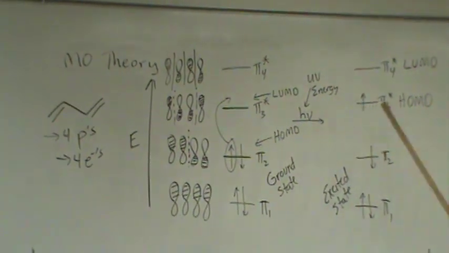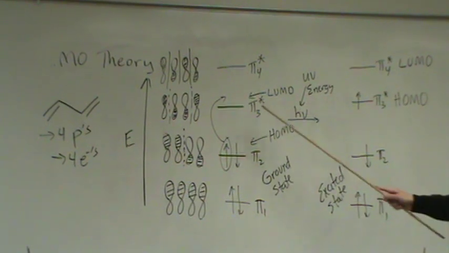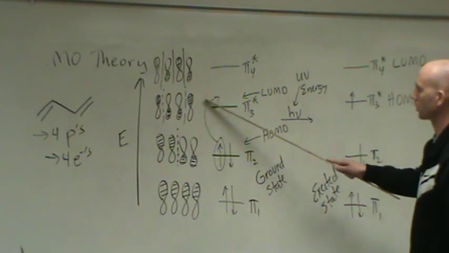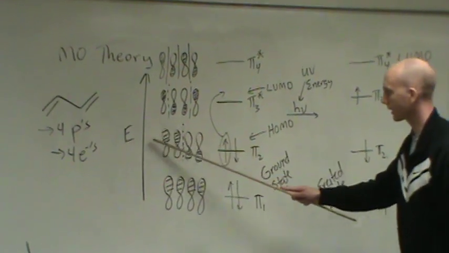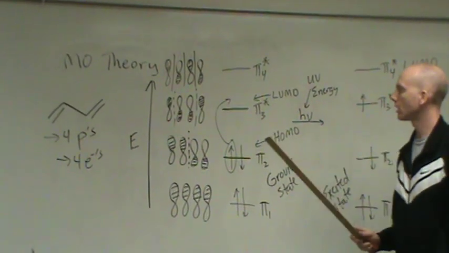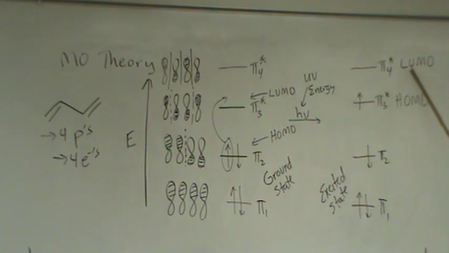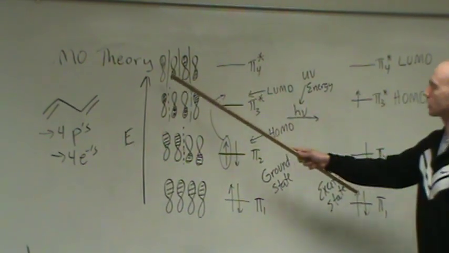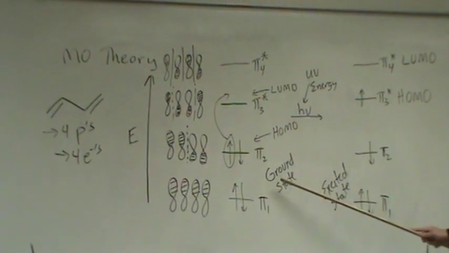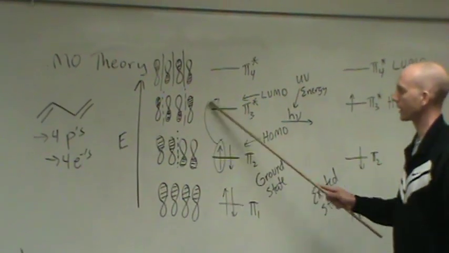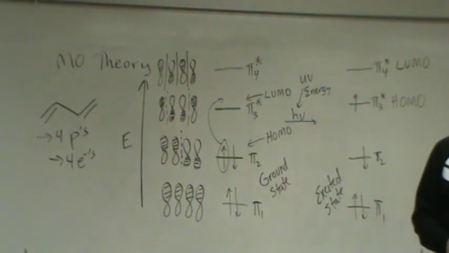And so, for example, our HOMO level here would look like these p orbitals. Our HOMO level in the ground state looks like these p orbitals. Our LUMO level in the excited state looks like these 4 p orbitals. Our LUMO level in the ground state looks like these 4 p orbitals. Okay?